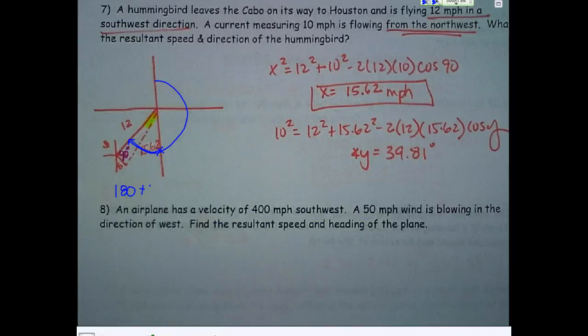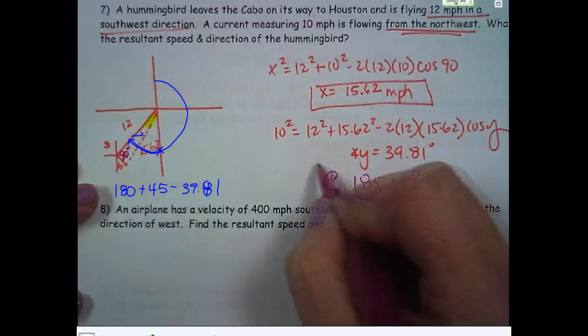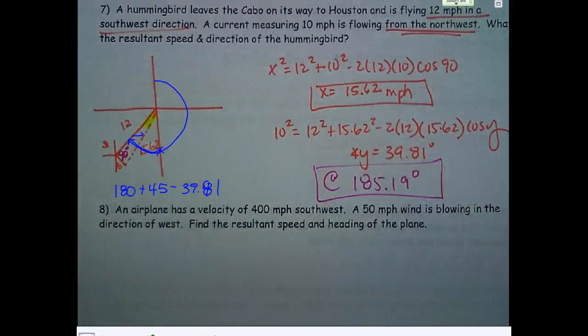And then I'm going to back up how much? The highlighted region, which is 39. Can somebody tell me the answer? 185? 185.19 degrees, approximately. Okay, good job.